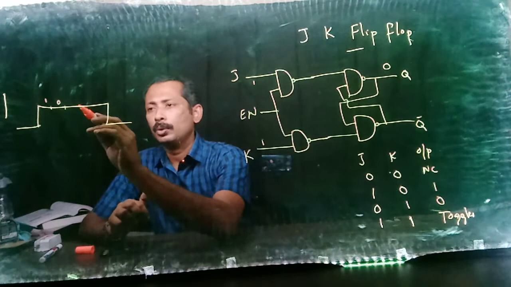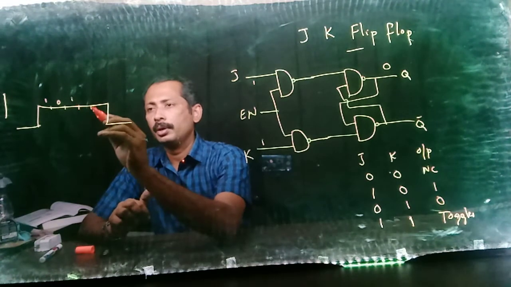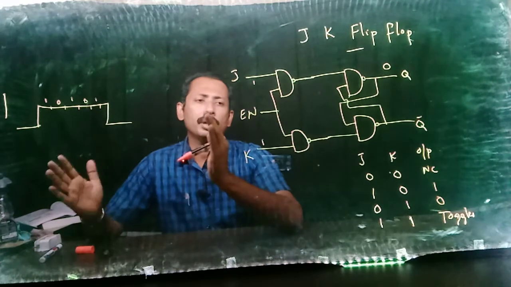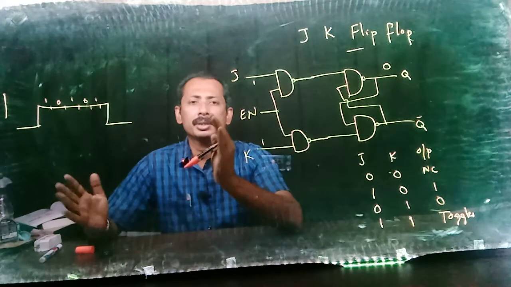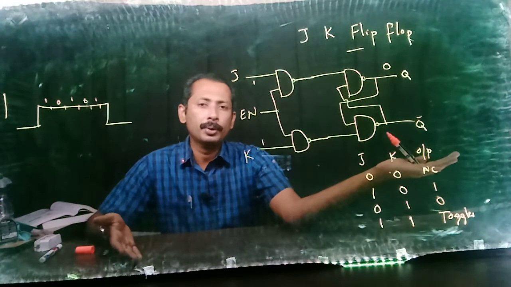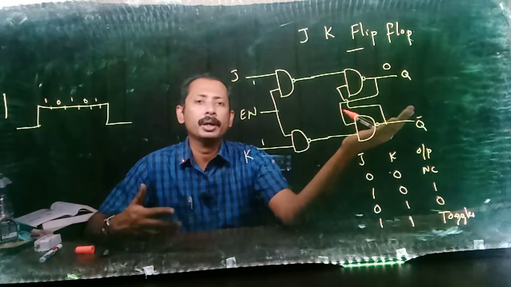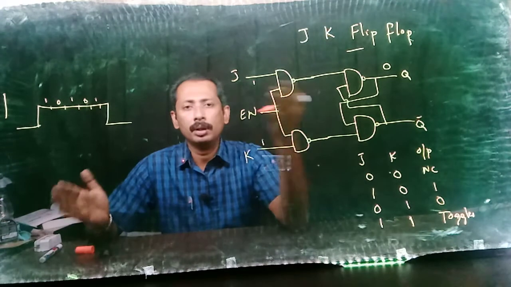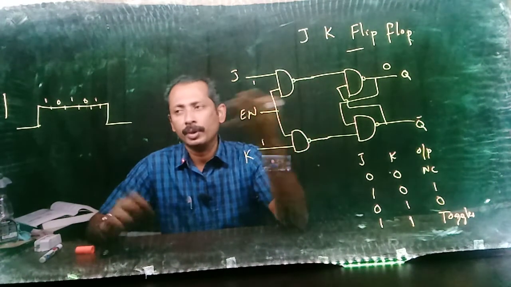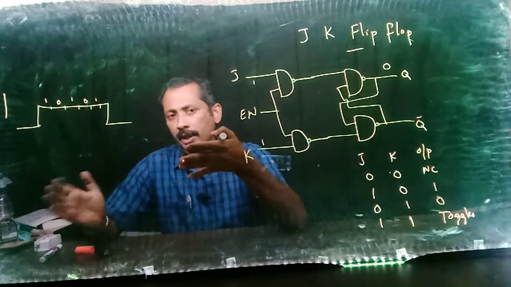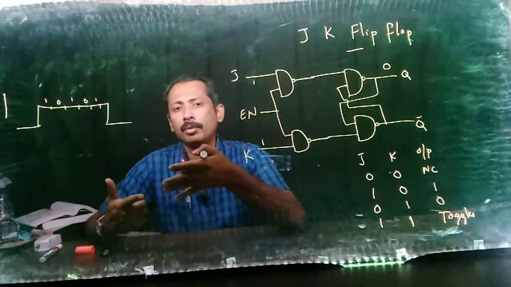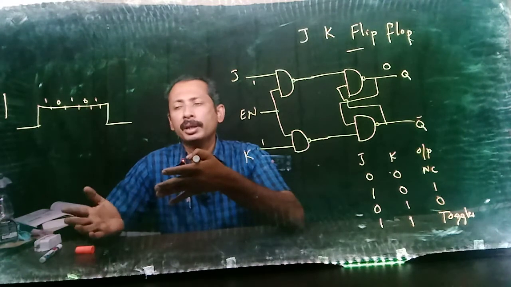So for each response time, it toggles. Depending on the width of the pulse, it may toggle multiple times, so the output may not be predicted.